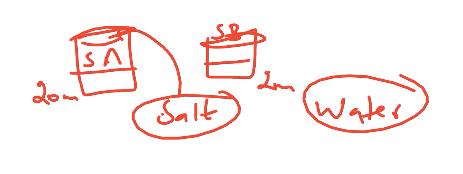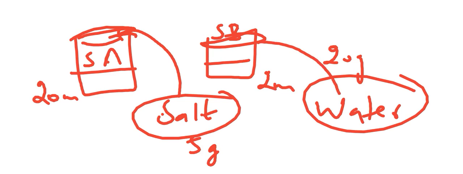Now if we add 5 grams of salt in solution A, and 20 grams of salt in solution B, then what do we have? We have a concentrated solution, that is solution B, which has more solute as compared to solution A. So there is a specific term for this.